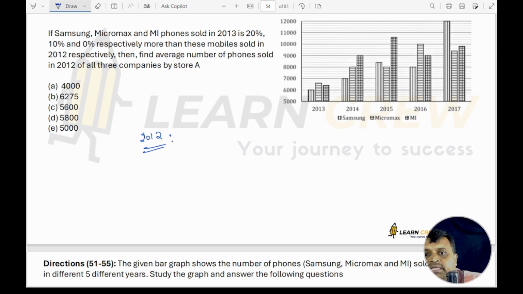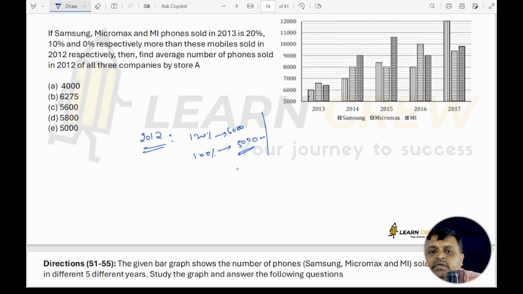Here in 13 it is 20% more. So 120% is how much? 6,000. 120% is 6,000, so 100% would be 5,000. So 2012 it is 5,000.